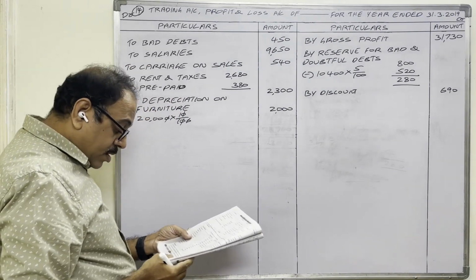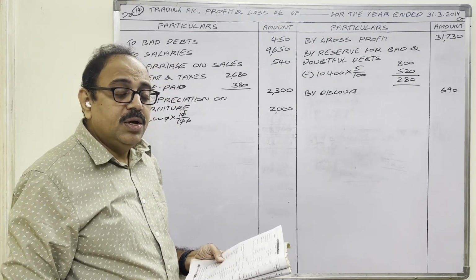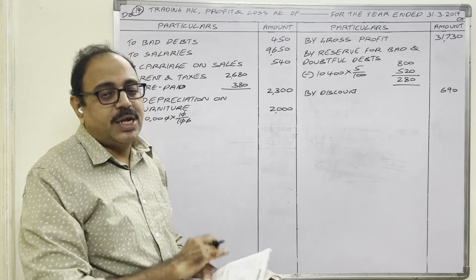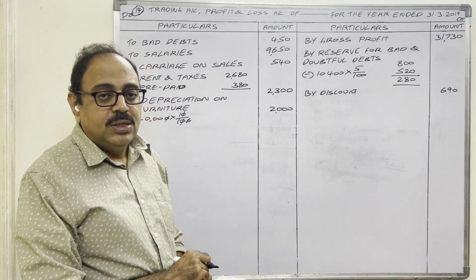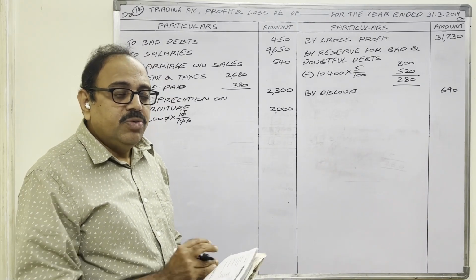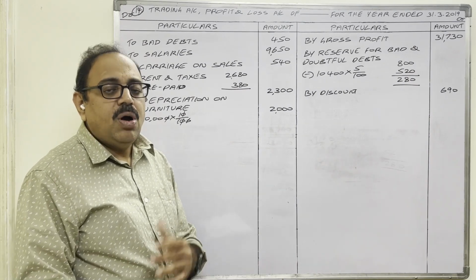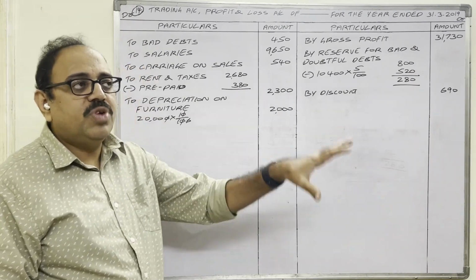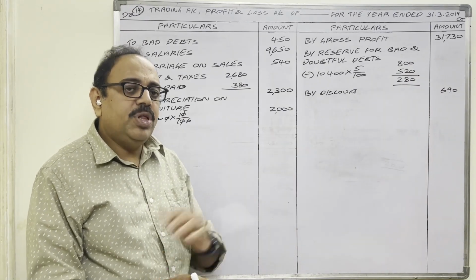Next. Reserve for discount on creditors. Previously I explained the discount on debtors concept. Now, discount on creditors. See, creditor means who? We are liable to them. Suppose our suppliers. Our firm purchased goods from them on credit, so we have to pay them.